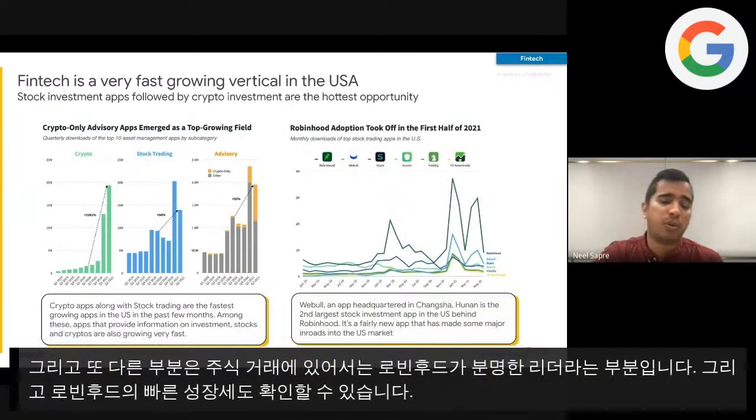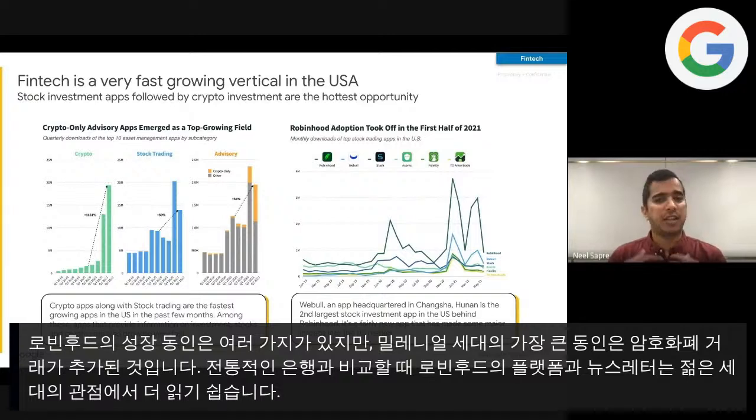The other point is, of course, when we talk about stock investments, we see that Robinhood is a clear leader. What we see is that Robinhood has grown phenomenally. There have been many factors for the growth of Robinhood, right from the meme stock rally that happened in early 2021 to the growth of cryptocurrencies, because as we know, Robinhood also allows trading of cryptos.